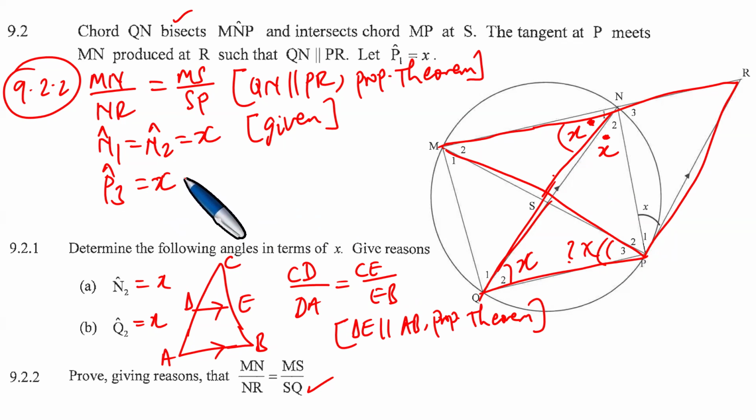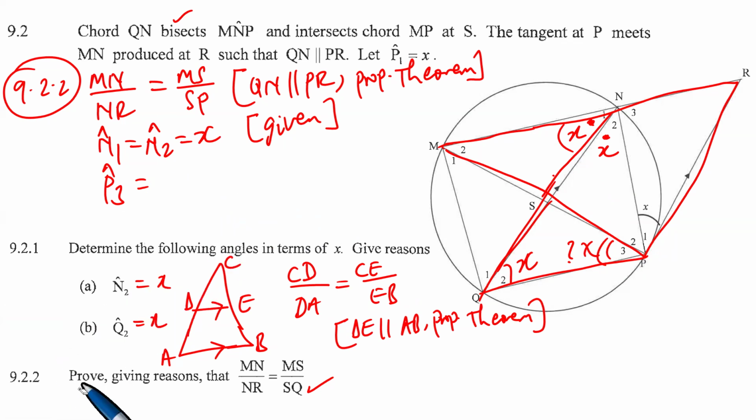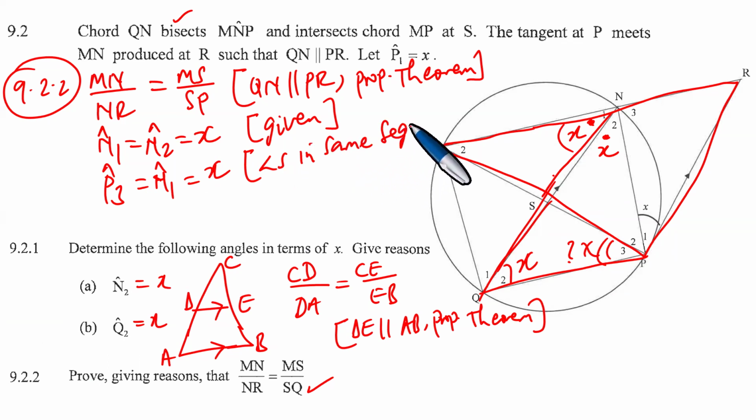Or you can say that angle P3 is equal to N1, because they are bow tie angles, but this N1 is equal to x, so that P3 itself is equal to x. And the reason for this is you have angles in the same segment.